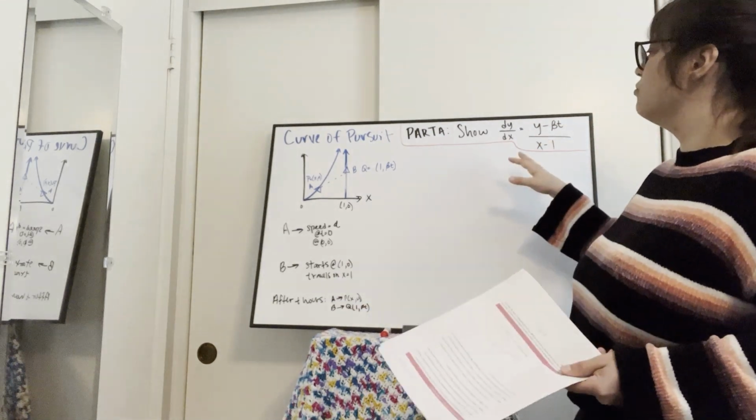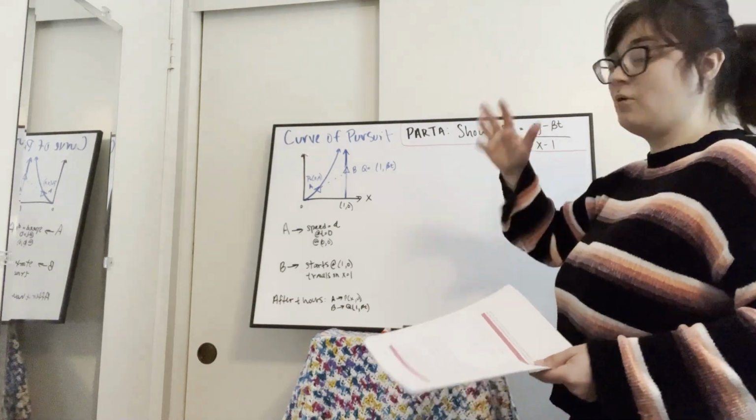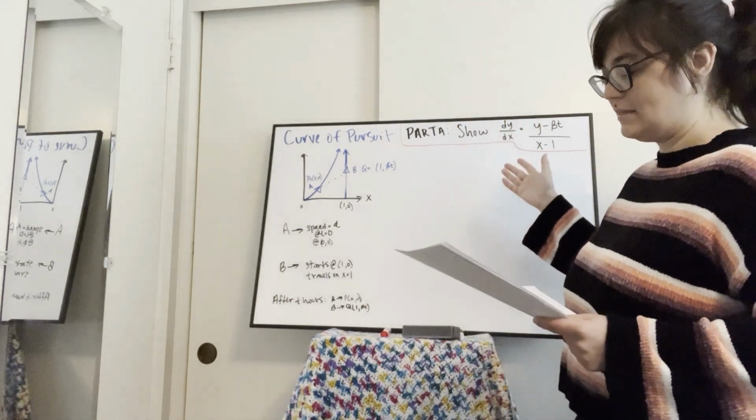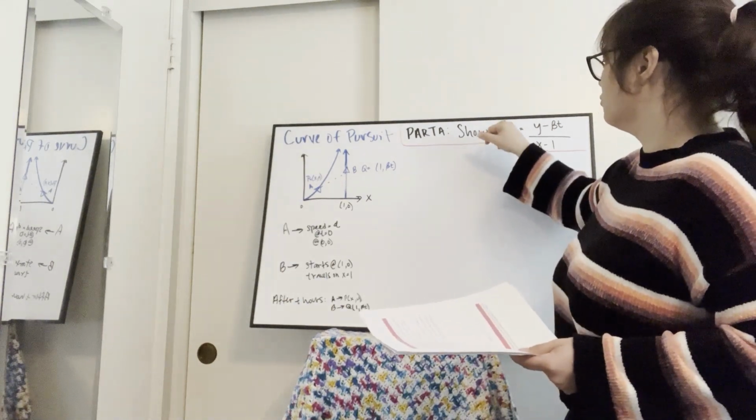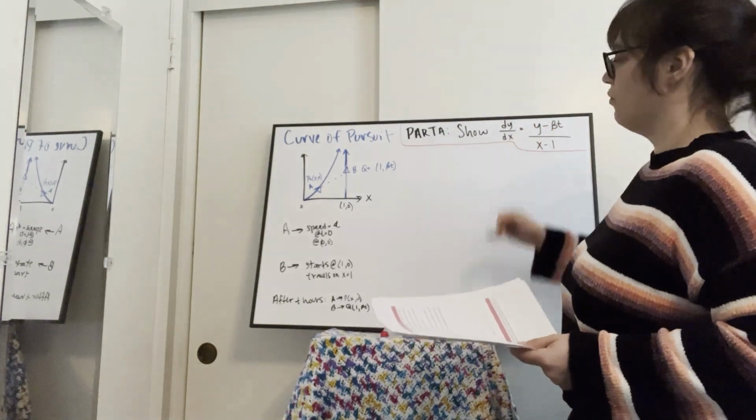So in order to start solving this problem, we have to make y a function of x. So we need to first prove that dy/dx equals (y minus beta t) all over (x minus 1).